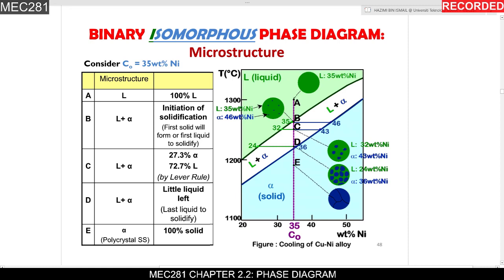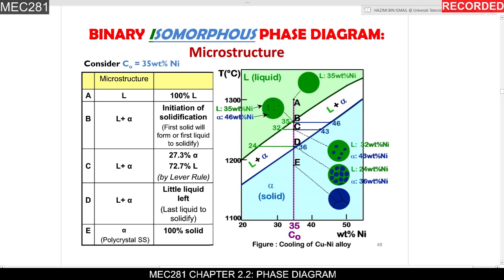Then when we go a little bit lower in temperature, you cool a little bit, and it reaches the liquidus line. Just a bit lower than the liquidus line, you are in the liquid and alpha phase region here.